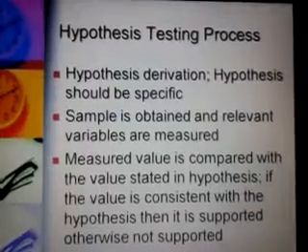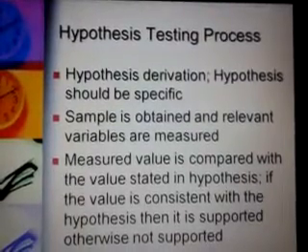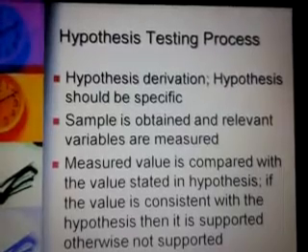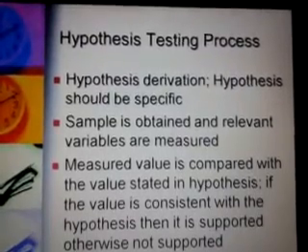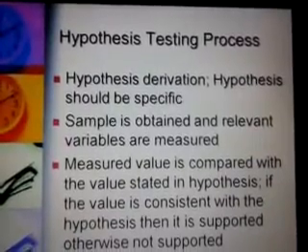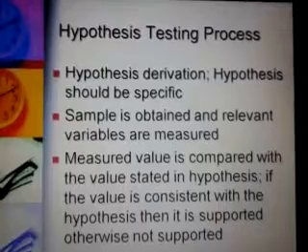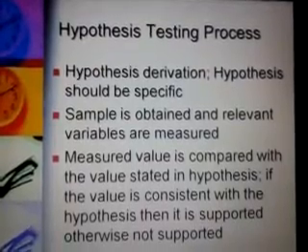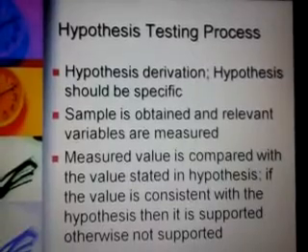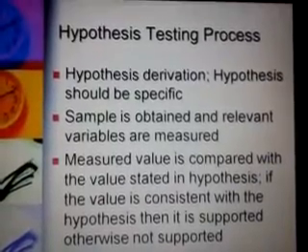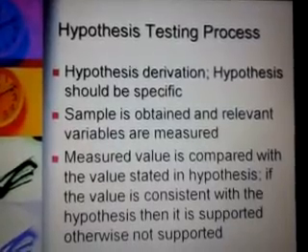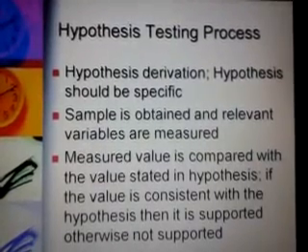One hypothesis could be, as we have discussed earlier as well, that the mean salary of those who have education up to 10th is equal to the mean salary of those who have education up to 10 plus 2. This could be derived on the basis of some past theories, experiments, or researches, that as the education level increases the salary may increase.